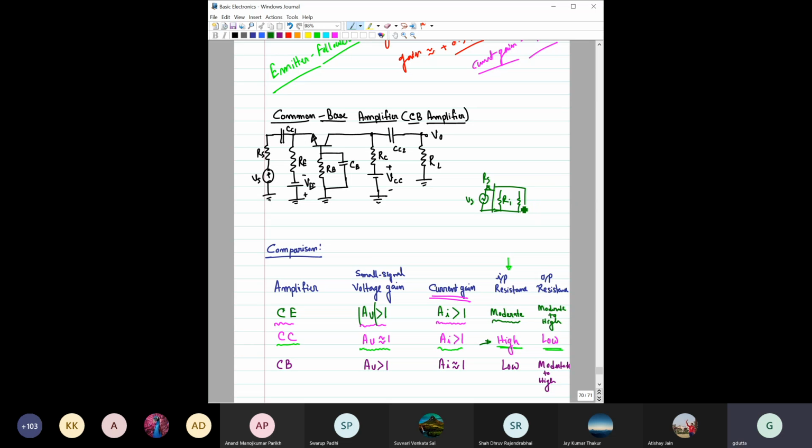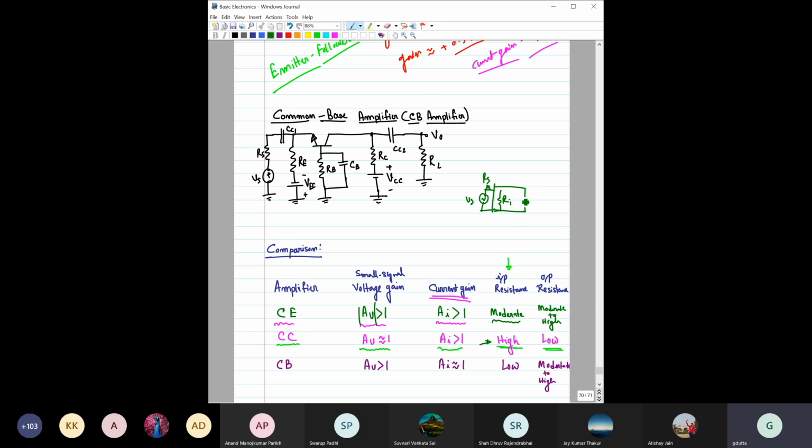Similarly, consider the output resistance. If the output resistance is low, that means if you connect another load, mostly the entire current is given to that load only, not very little current, right?